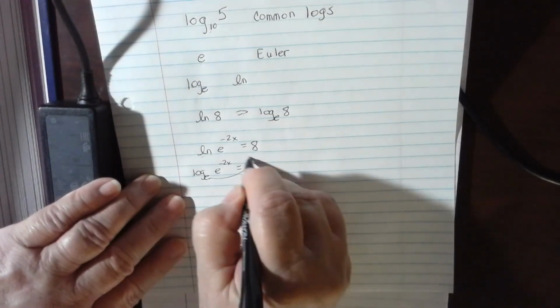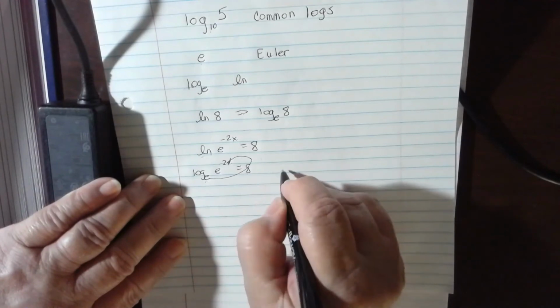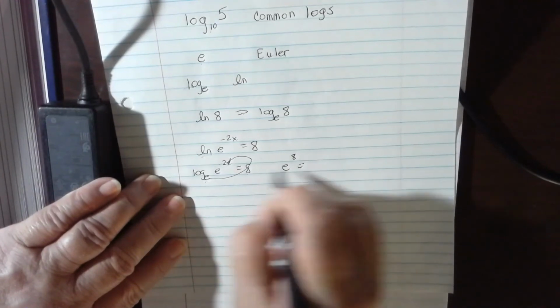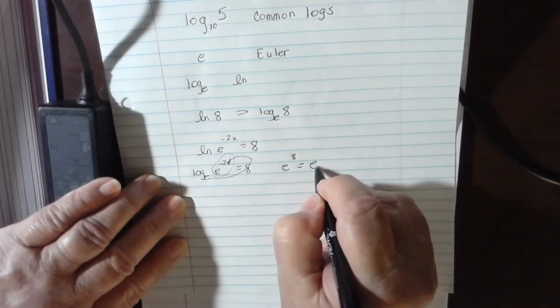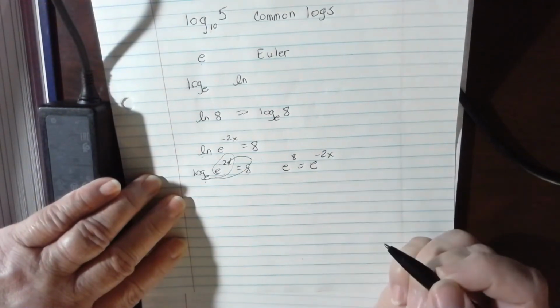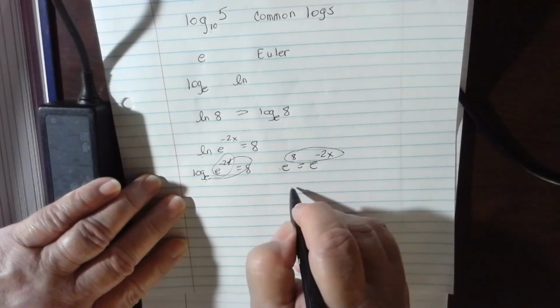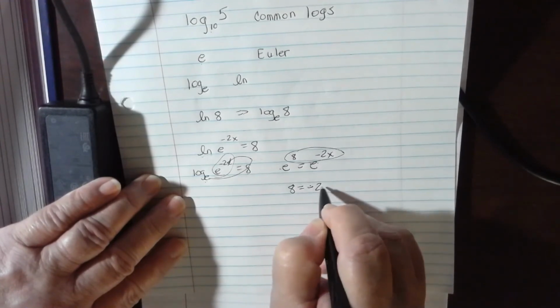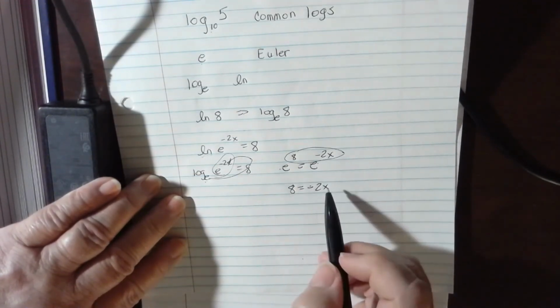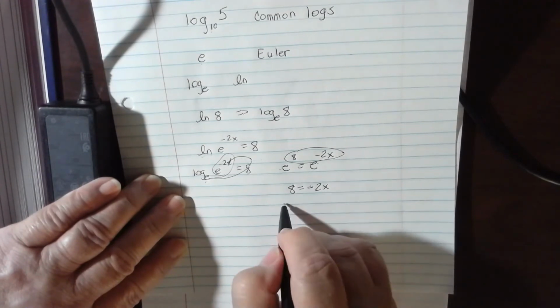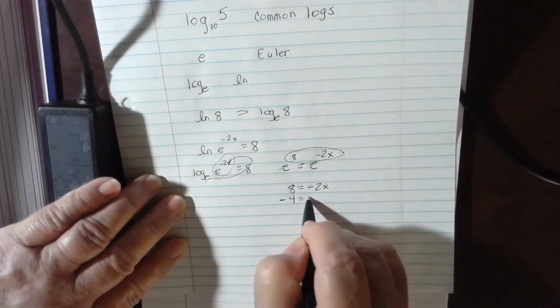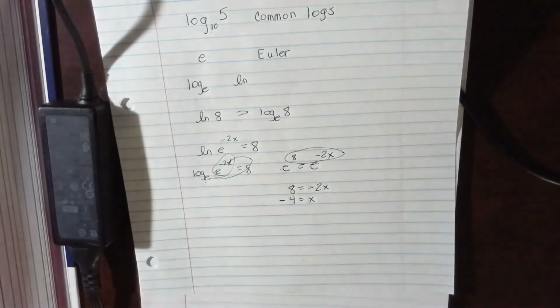Then I would do the wave: e to the 8th equals this, which is e to the negative 2x. The bases are both e, so all you have to do is make the exponents equal, and then ask, what do I need to do to solve for x? Divide by negative 2, and the answer is negative 4.